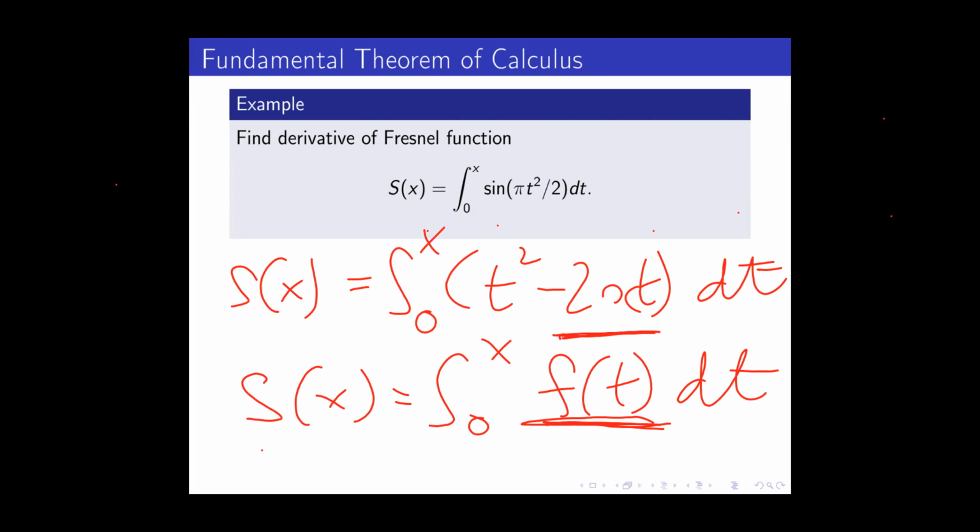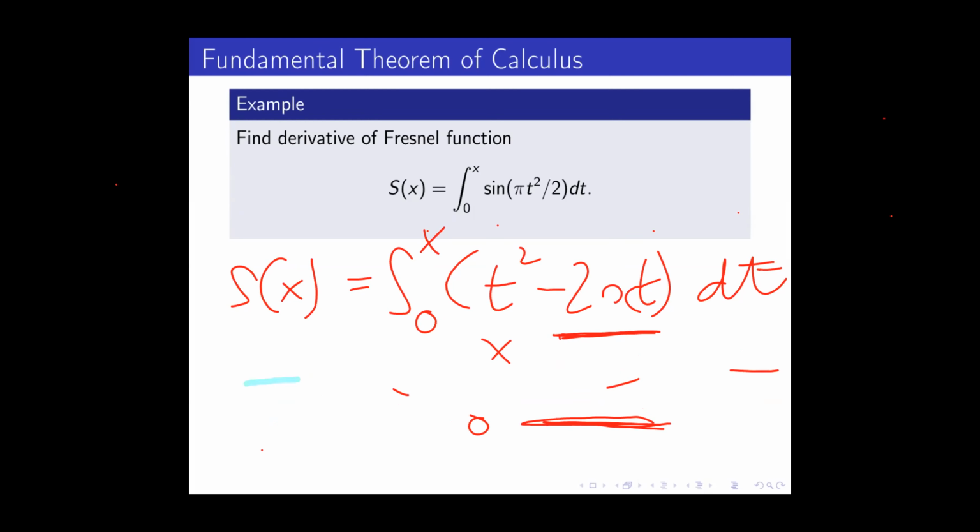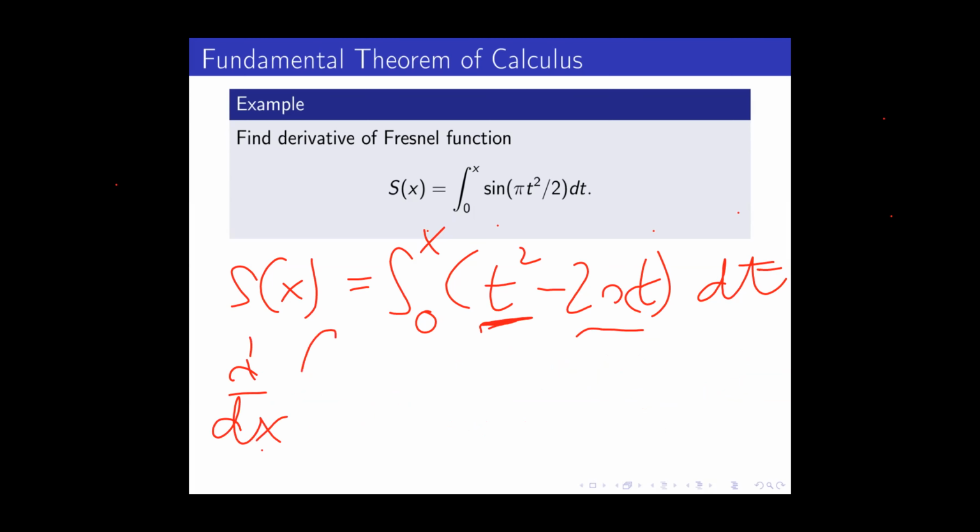So what you can do is use linearity. We know the answer to this part already, right? And now by linearity, you can just look at this and try to figure out what it is, and then you combine the two answers. I'm sorry, this is x here.